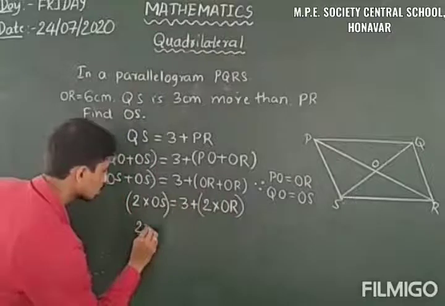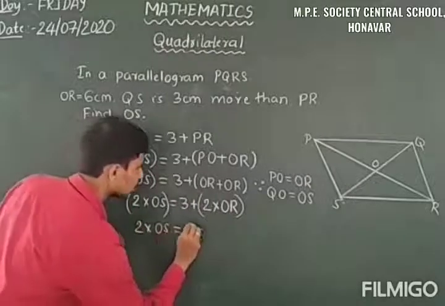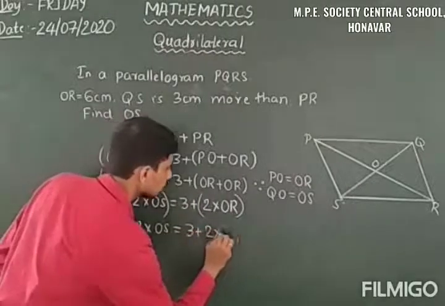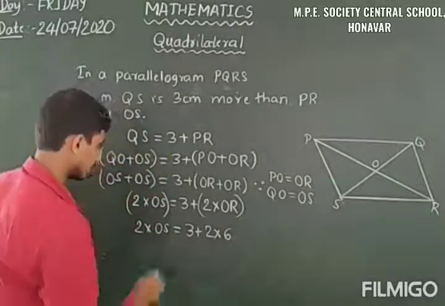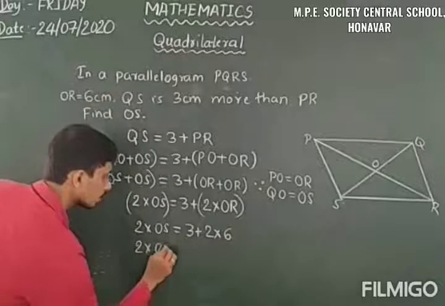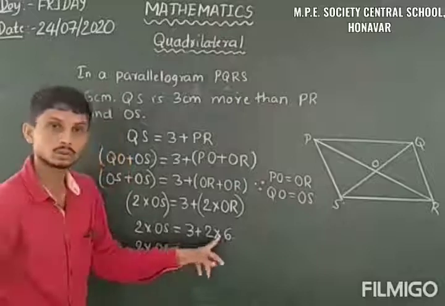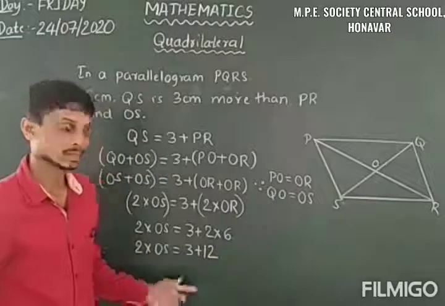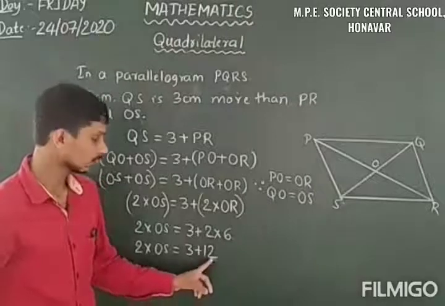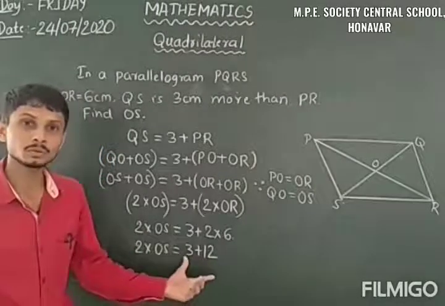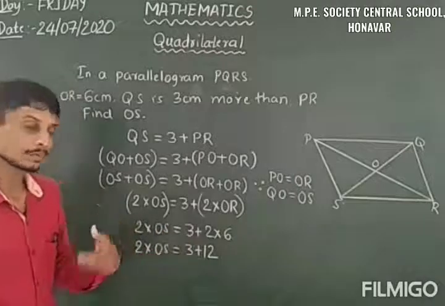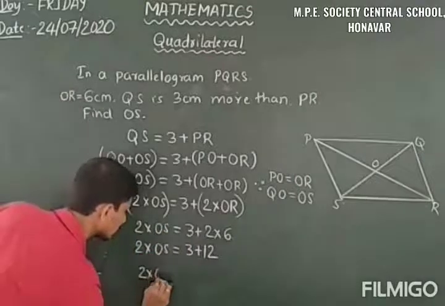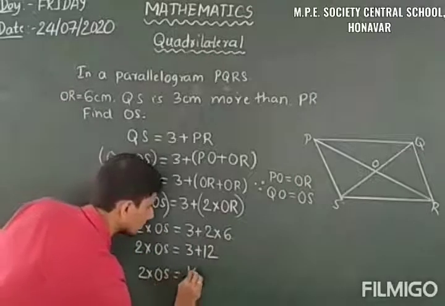That means 2 into OS is equal to 3 plus 2 into 6, which is 3 plus 12. 3 plus 12 is equal to 15. So 2 into OS is equal to 15.